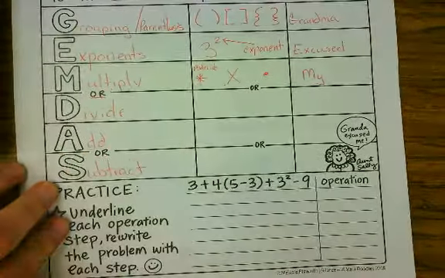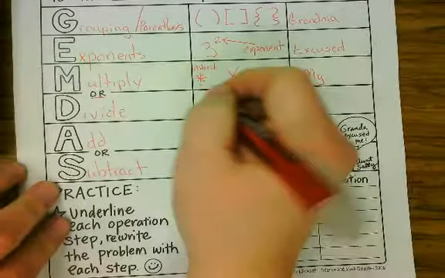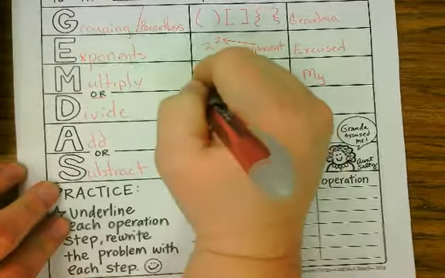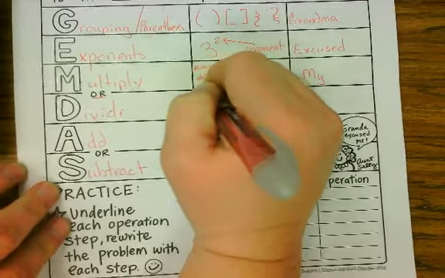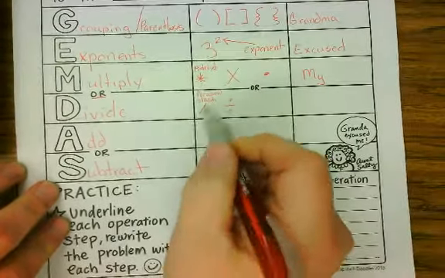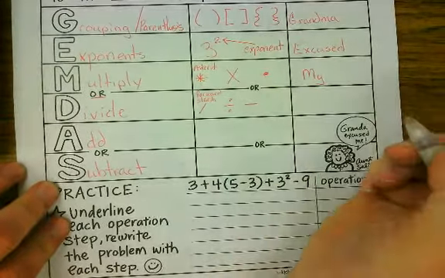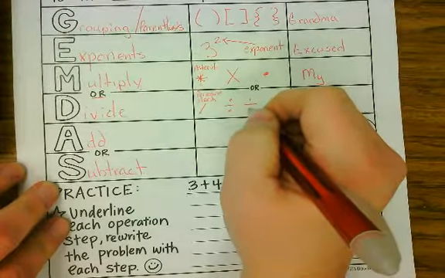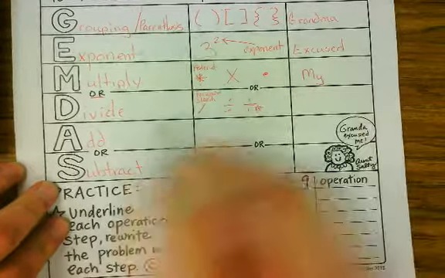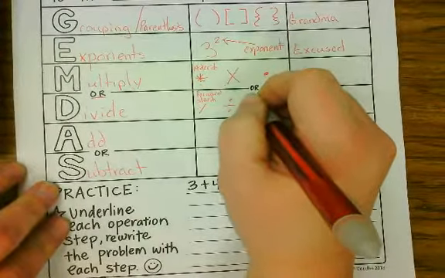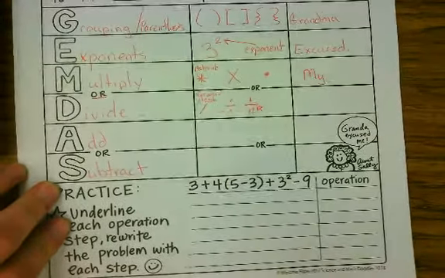Divide. Well, we know that this is the symbol for divide. We also know that on the computer we do a forward slash, is what this symbol right here is called. Divide can also be this part right there of a fraction. So we could say 1/12. That line also means divide.